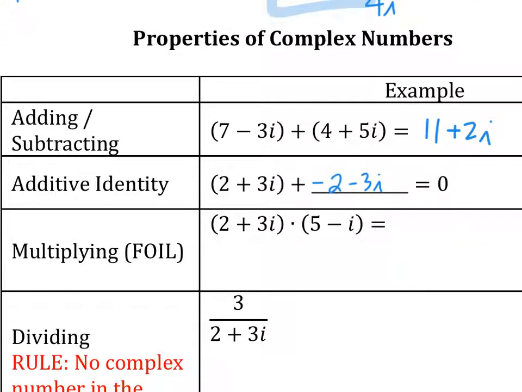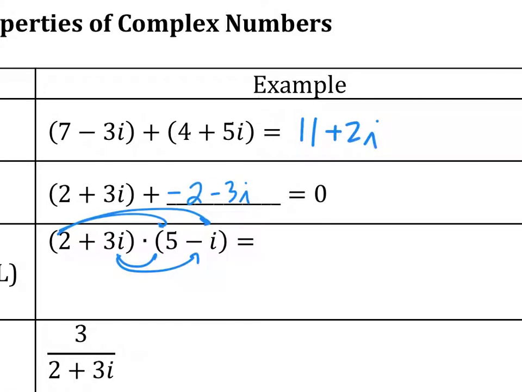When you multiply two complex numbers, because they are binomials, you have to use FOIL. So that means you need to do first, outer, inner, last. Because i's are a little bit tricky, you need to write it all out so you don't make a mistake on the negative. So first, that's going to be 2 times 5. And then 2 times negative i is negative 2i. And then plus 15i. And then minus 3i squared.